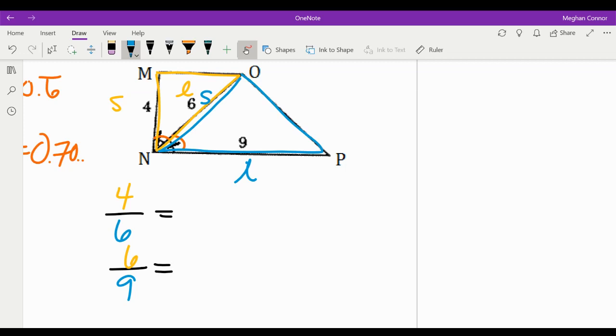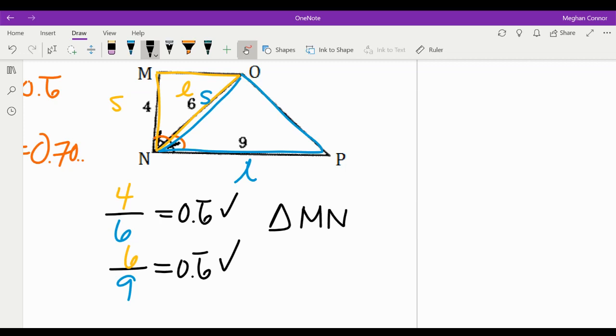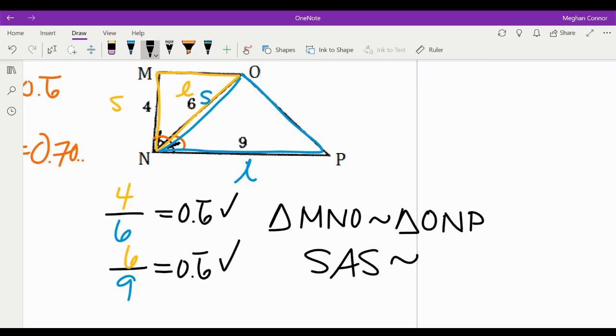So that's 0.6 repeating. They are proportional, which means that those two triangles are similar to each other. Triangle MNO is similar to triangle ONP because of the side angle side similarity criterion.